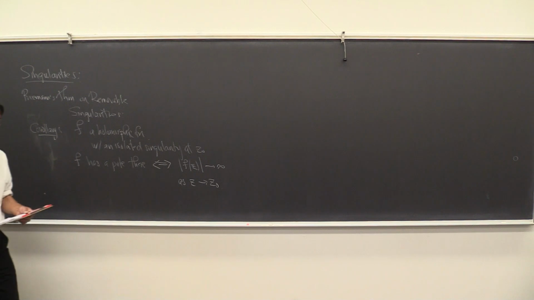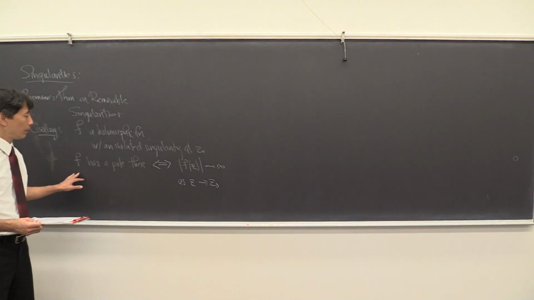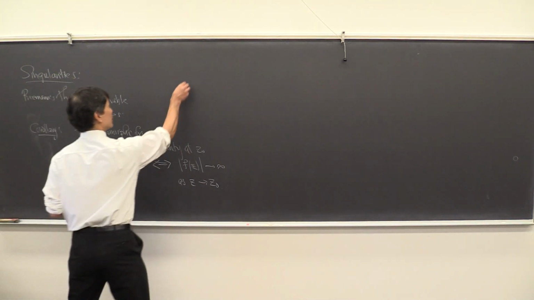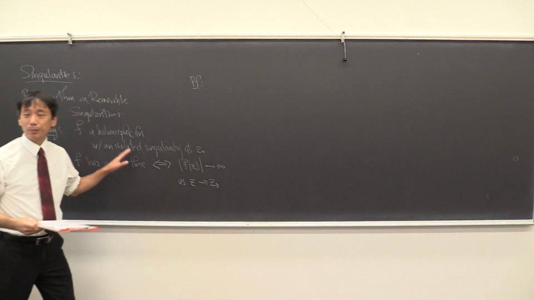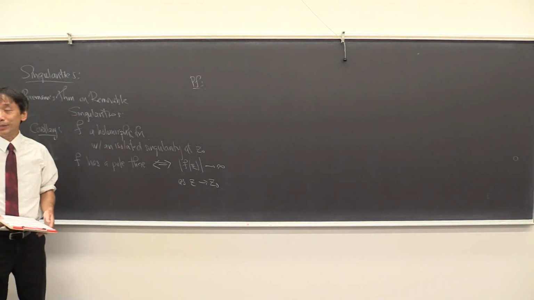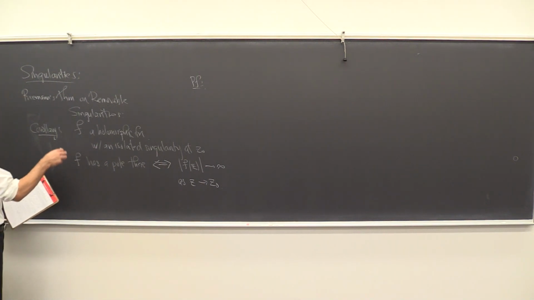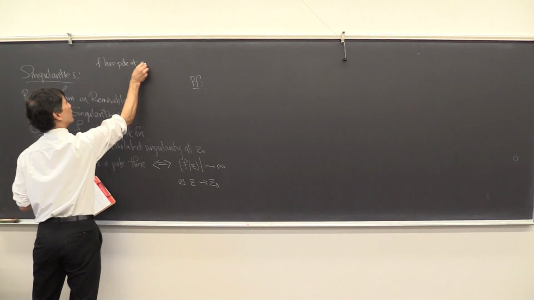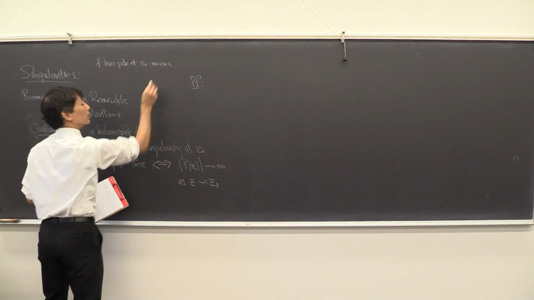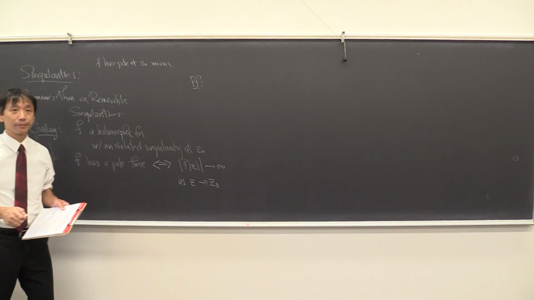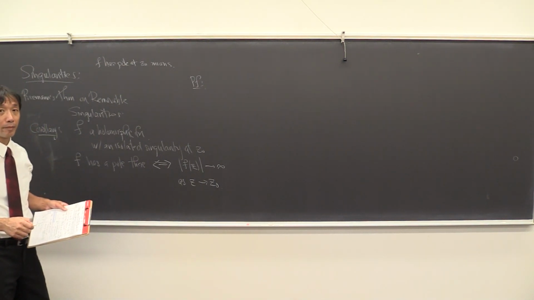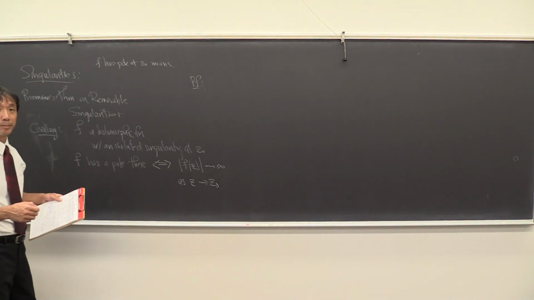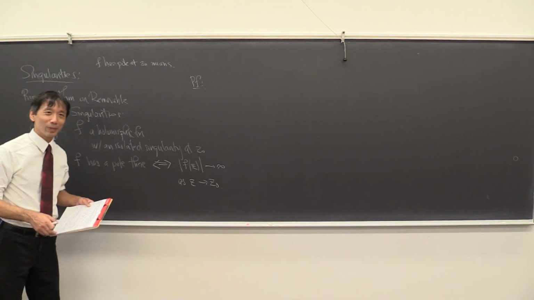Okay, so the proof is pretty straightforward. What's a pole again? Can anybody remind us of the definition of a pole? F has a pole means what? Jason: f is 1 over g of z for some function g that has a 0 at the pole. But it's 1 over g of z everywhere else except for that point. Yes.